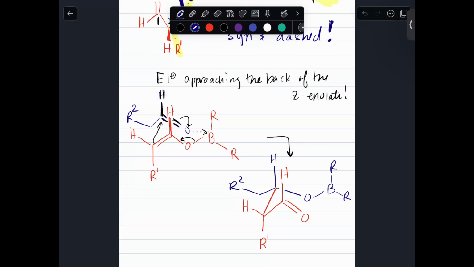Just like before, exactly like before. Again, because it's going through a six-membered transition state, you can't draw wedges or dashes until you convert it into a two-dimensional structure, which is what we'll do. And because I wanted to stay consistent with the way I was doing things when I was taking this class, I would look at this molecule again from the top.